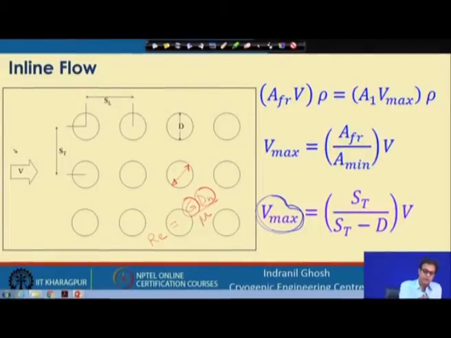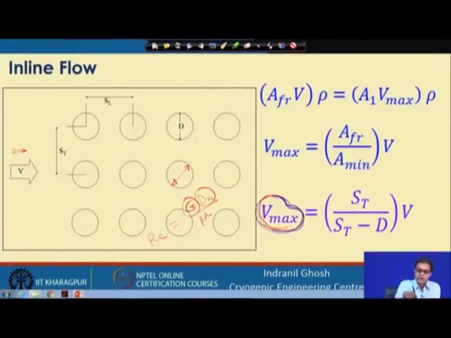So, here the velocity of the fluid is V, and it is flowing over a bank of tubes, and we need to find out the free flow area, or rather the maximum velocity that it is giving. How will we find the maximum velocity?